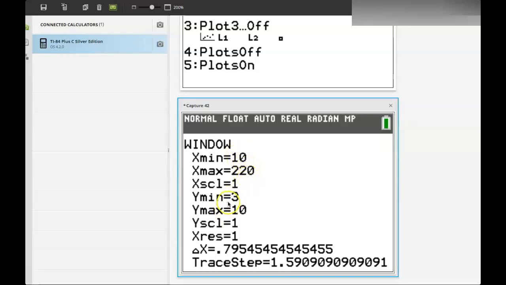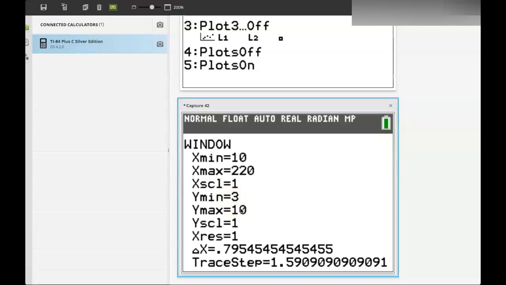Now for y, I choose the minimum value 3 and max 10, because in the second column the smallest number we have is 5.88 and the largest one is 7.9. Obviously, all of them are in this interval.